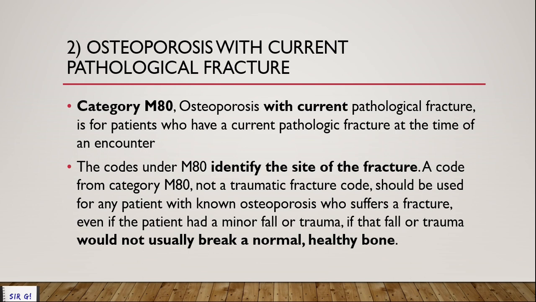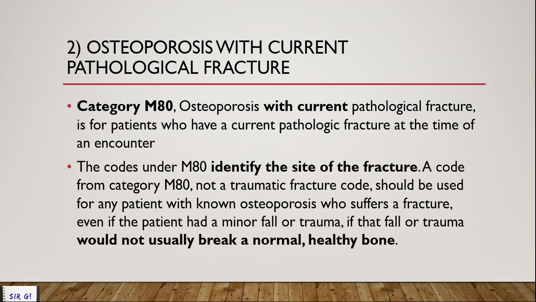If the patient already has the diagnosis of osteoporosis, and the patient suffered a fracture due to a minor fall or trauma, which for a normal patient, if you don't have osteoporosis, you may not suffer a fracture from just a small minor fall or trauma, correct?